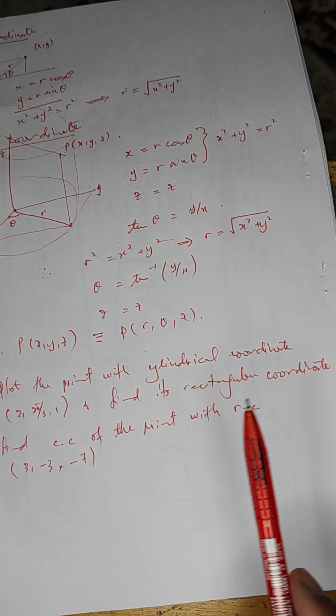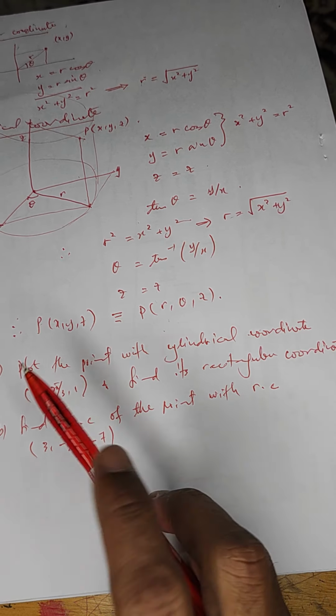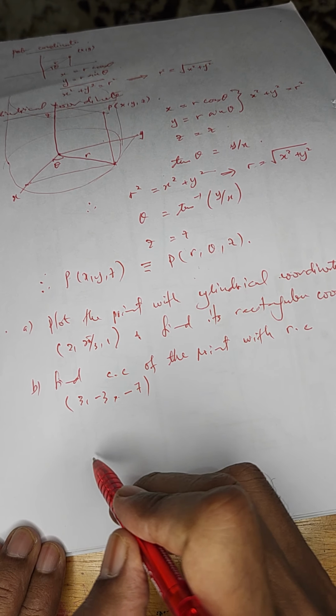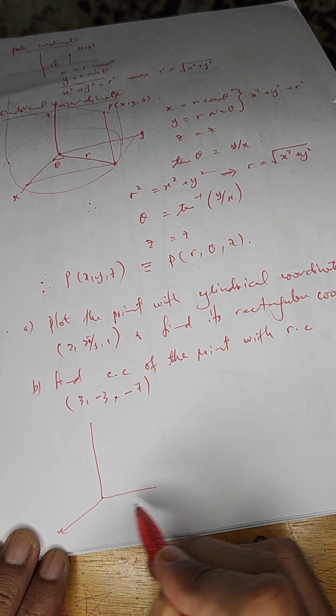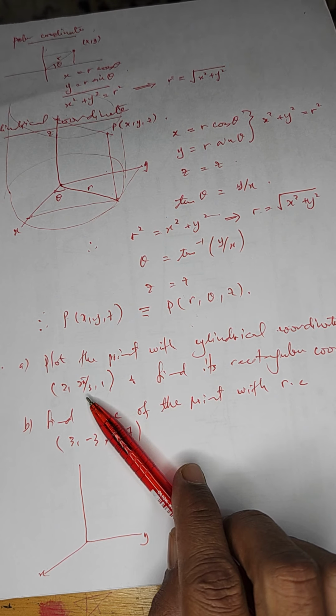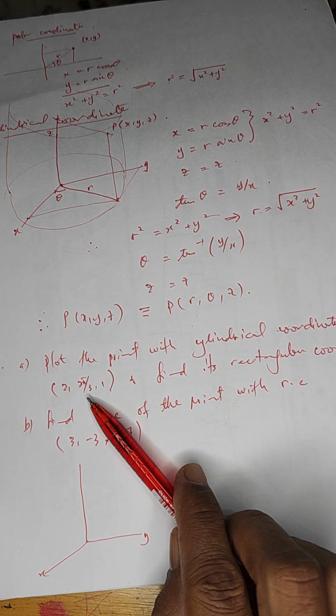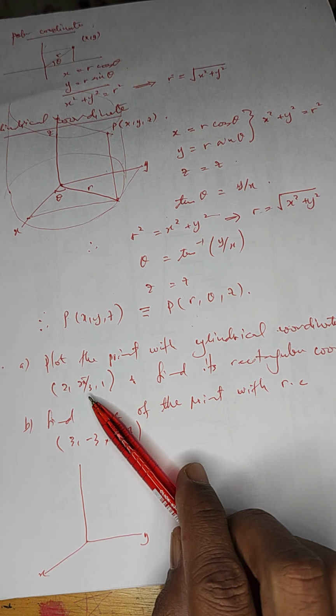Okay, now how do we plot those points? We have x, y, z, and 2/3 pi, which is more than half, right?